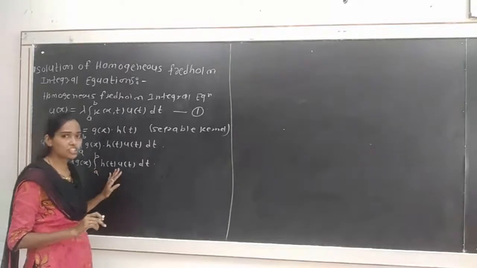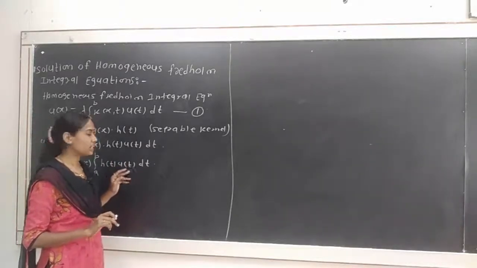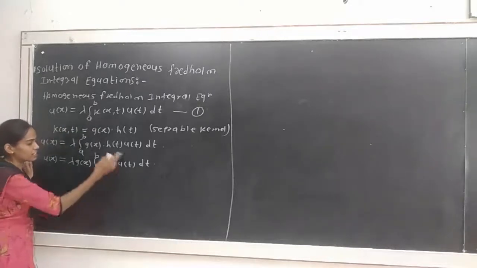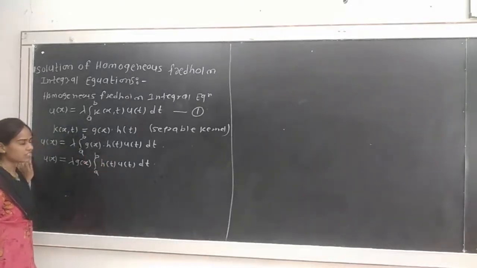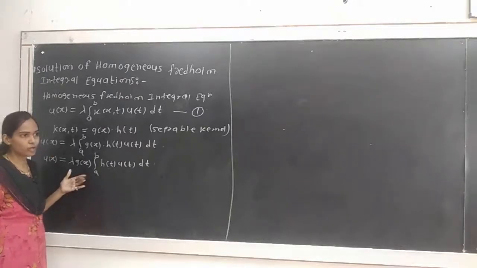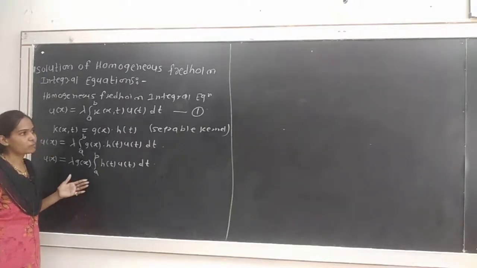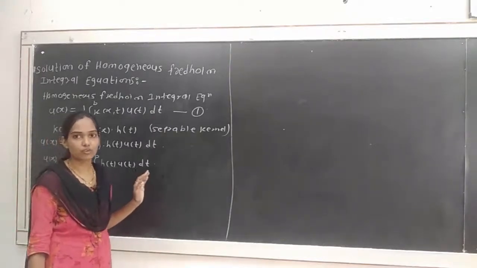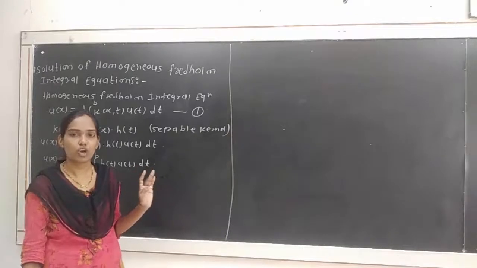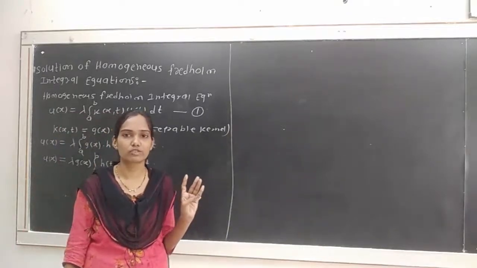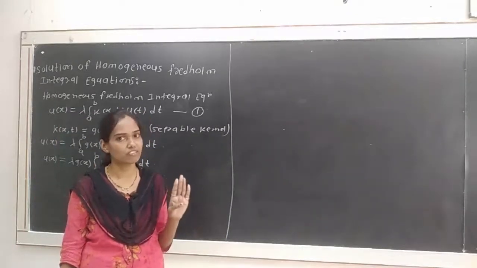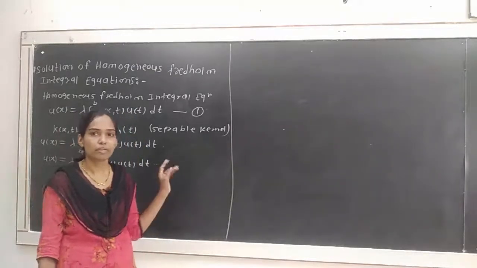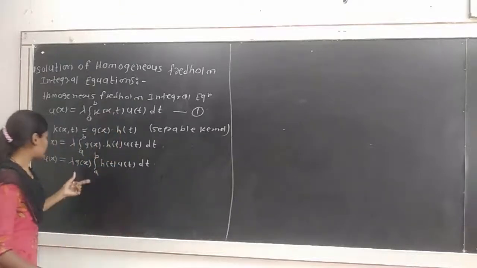So after solving this equation, we use the direct computation method, the same method we used to find the solution of non-homogeneous Fredholm integral equation of second kind with separable kernel. That method we use here similarly.